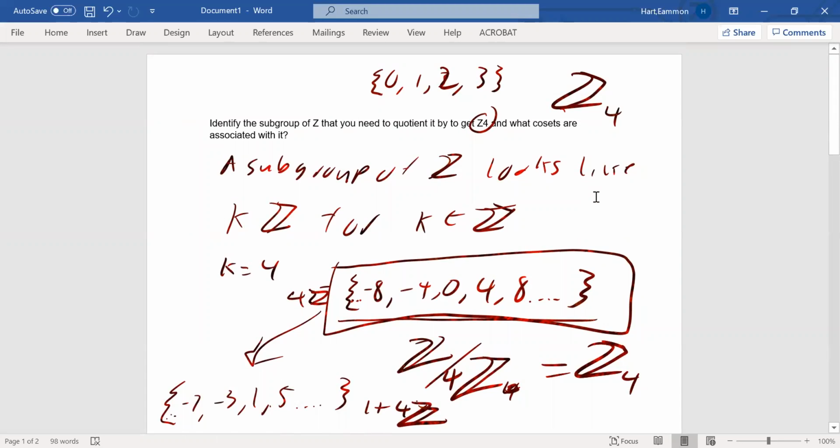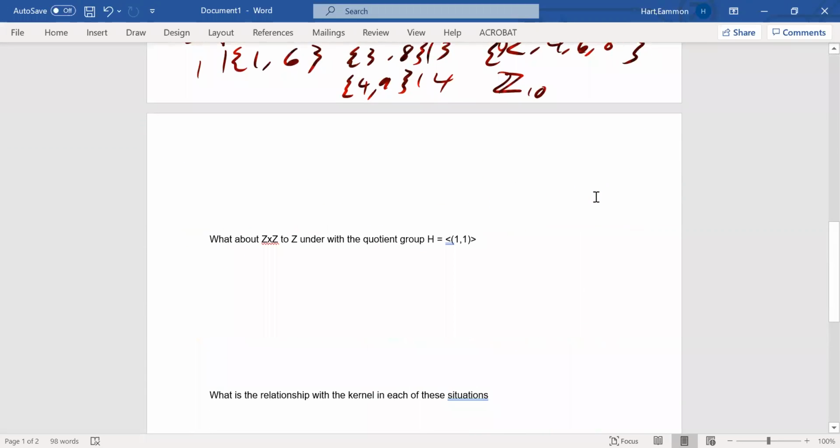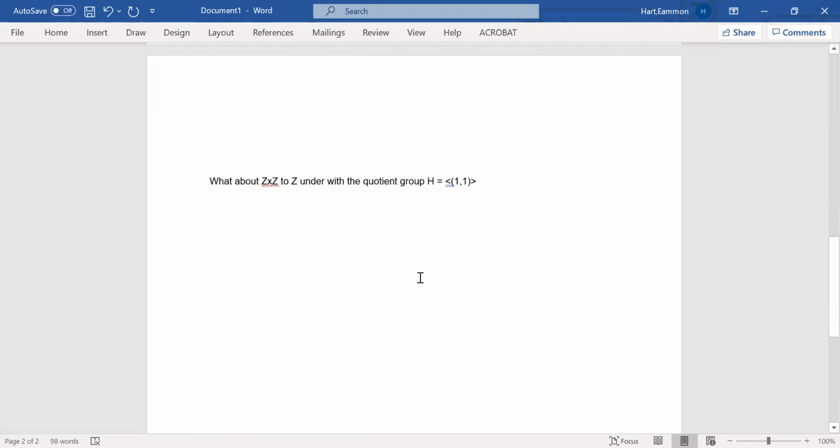And yeah, cool. And now what about this? So Z cross Z to Z under this quotient group.